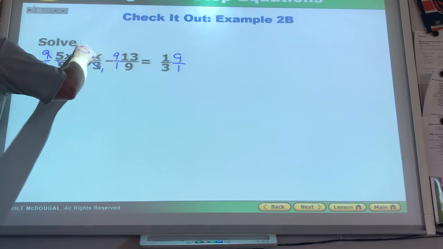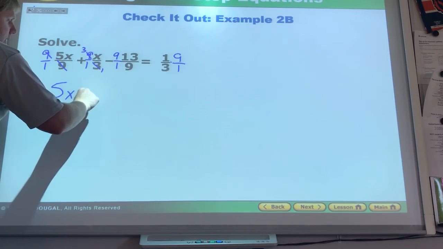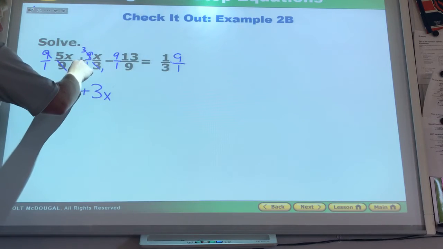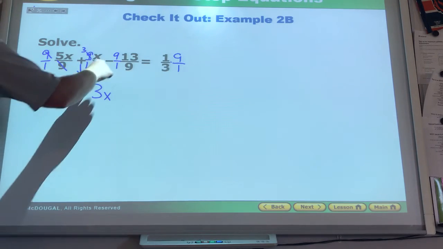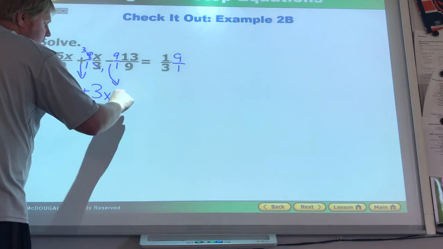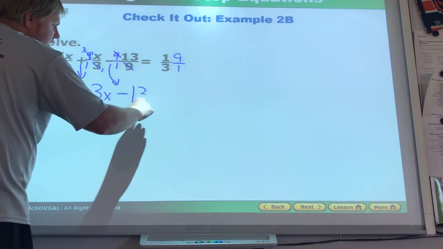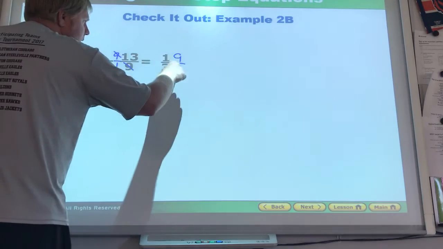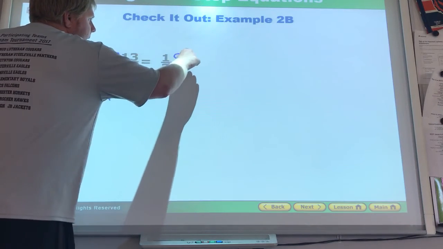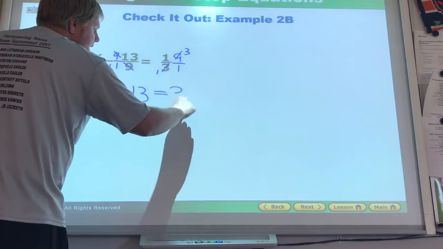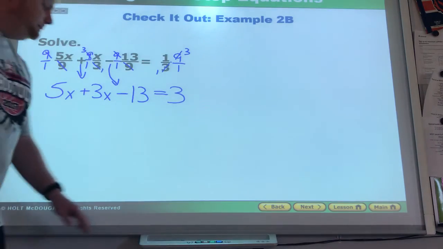That's a 1. That's a 3. 3 times x, 3x. Don't forget to bring that negative down, or the subtraction down. That becomes 13. This one becomes 3. All right?